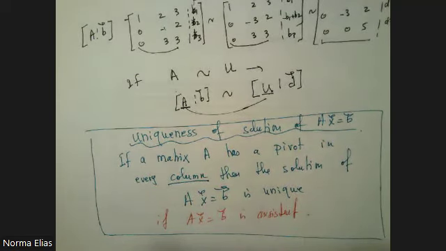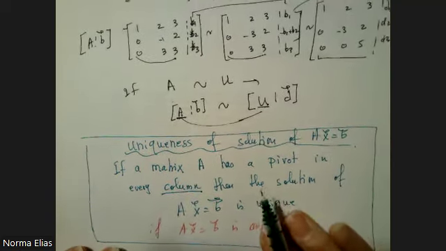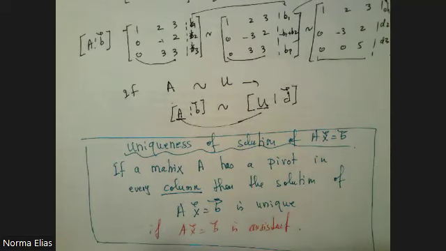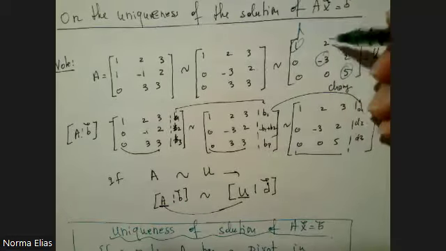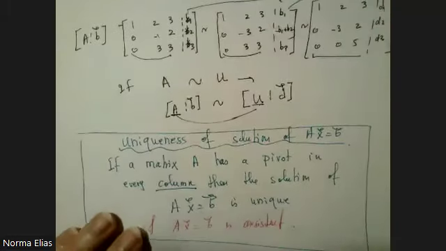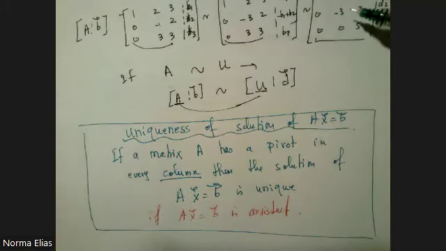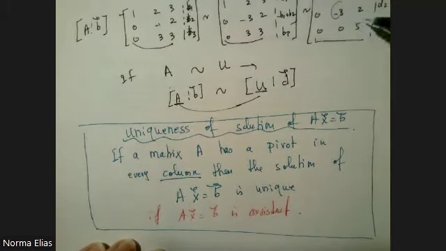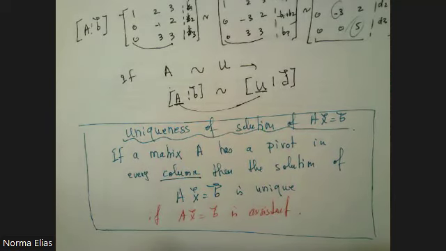It's consistent, okay? So if the matrix A has a pivot in every column, pivot in every column means the echelon form has a leading entry in every column. If this happens, then the solution will always be unique, because if you have a pivot in every column, all the variables will be basic, we will have no free variable.